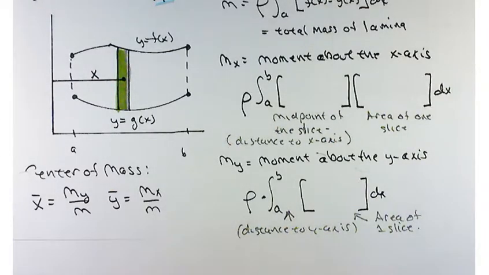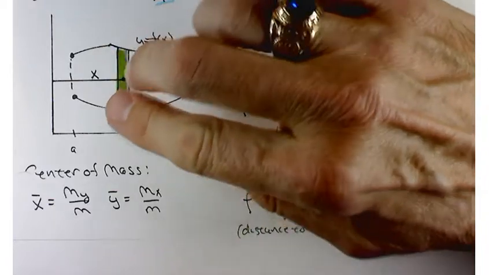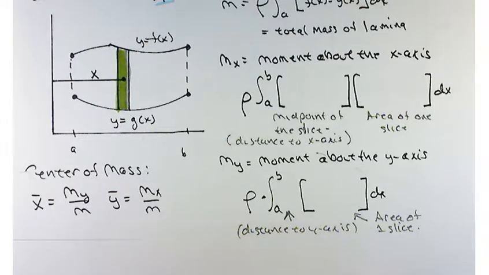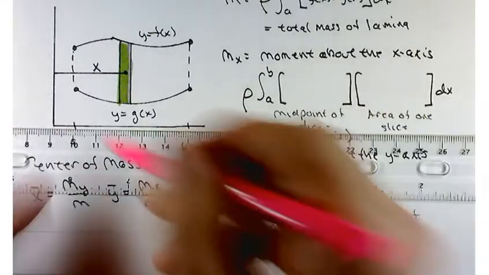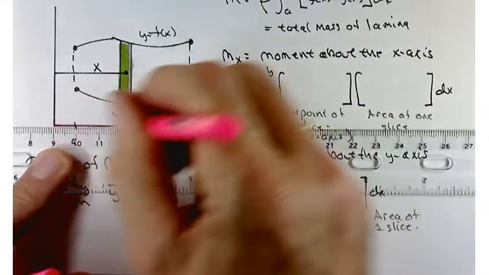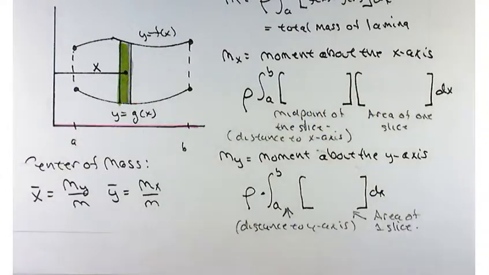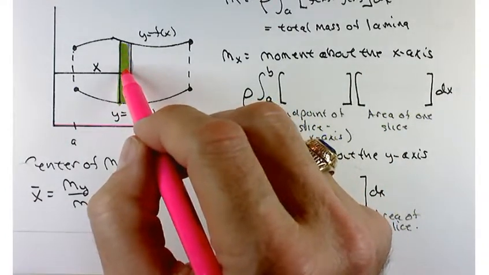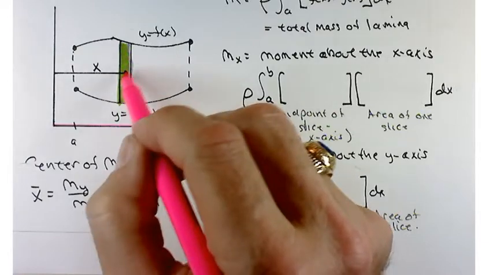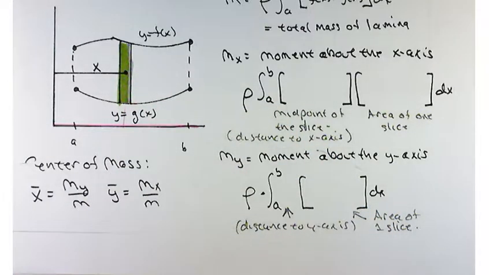So the tendency for this to want to rotate around the x-axis, so around here, is going to be where that force is felt times the distance to your axis of rotation. So where that force is felt is a little bit challenging.